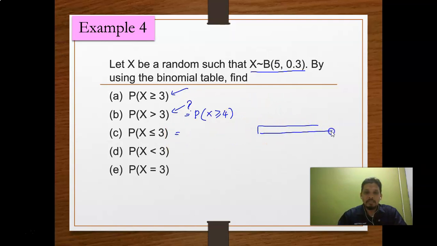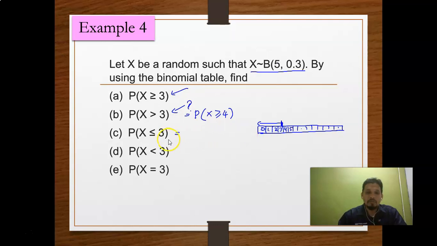For x less than or equal to 3, meaning including 3, it is from x equal to 0, 1, 2, and 3.